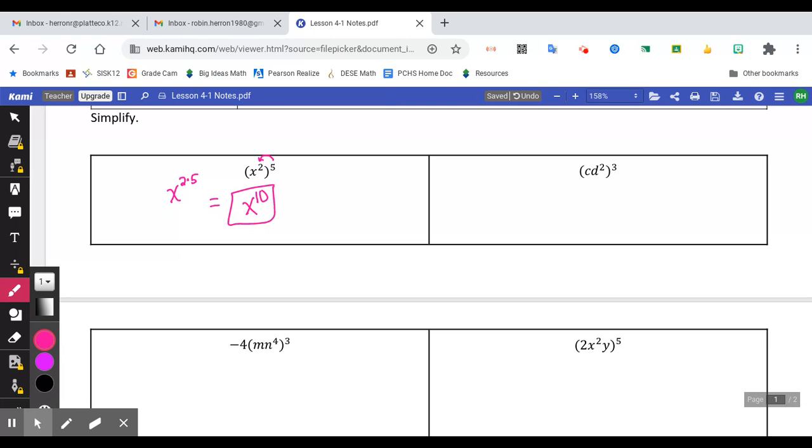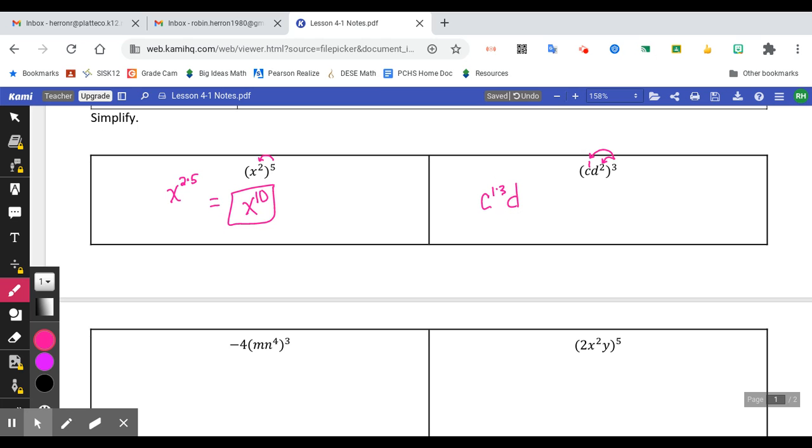Now, here's an example of one that has 2 different bases. Remember that c has a 1 next to it because it doesn't have an exponent right now. And this is what I was talking about with distributing it. So it has 2 separate terms. So we're going to distribute this 3 to 2 separate things. C to the first is c times 1 times 3.